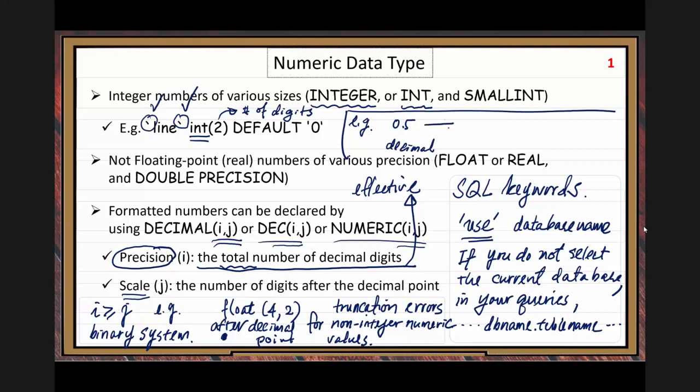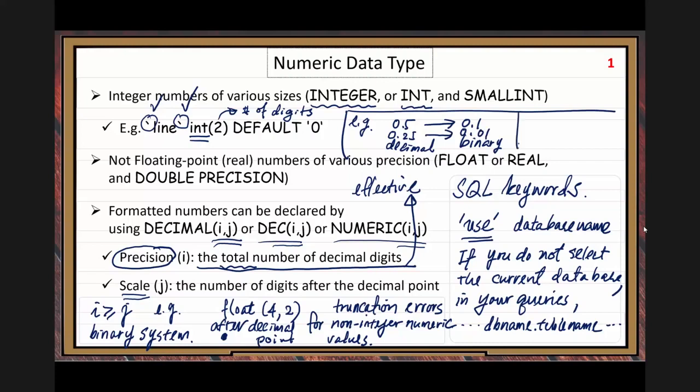When you convert it to binary, what would you get? 0.5 is 1/2. 1/2 to binary is 0.1, right? Binary 0.1. All right. Decimal 0.25, 1/4. When you convert it to binary, 0.01.